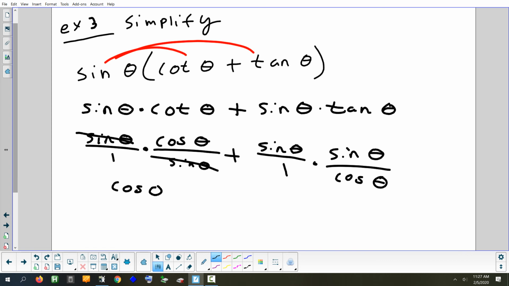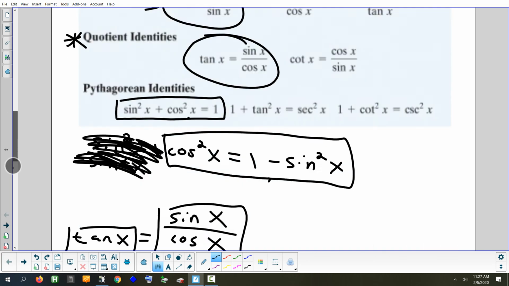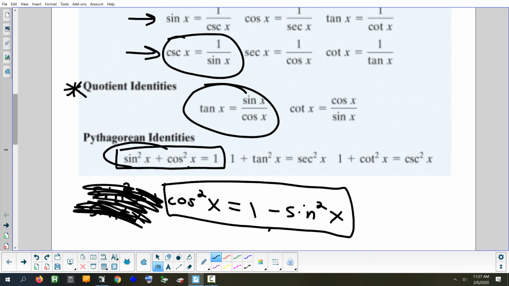And all you're left with is cosine over 1 plus. Now let's multiply straight across on the right. What's sine times sine? Sine squared over 1 times cosine? Cosine. Now, whenever I see sine squared, we're not there yet, but I'm starting to think about this, because that has a sine squared in it.